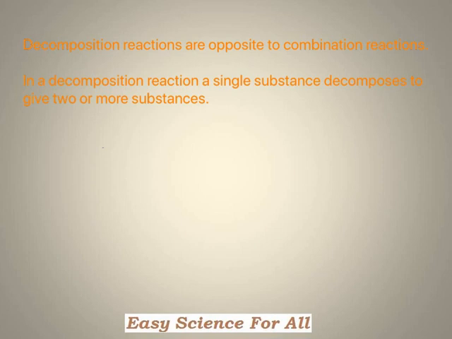Decomposition reactions are opposite to combination reactions. As you already know, a combination reaction is a reaction in which two or more reactants combine to form a single product. For example, A and B, let it be two reactants and they combine to give a single product. So this is a combination reaction.